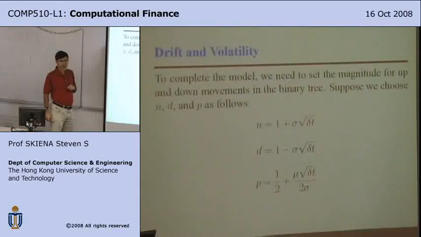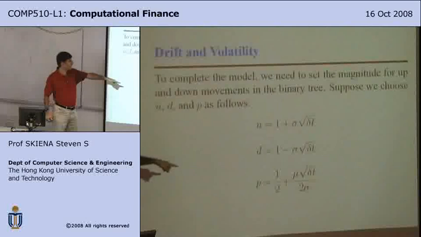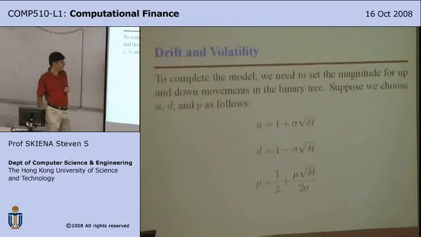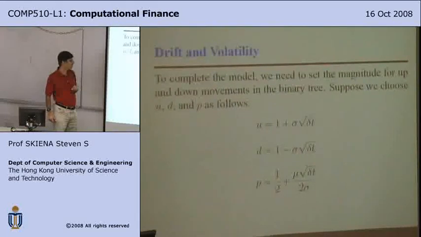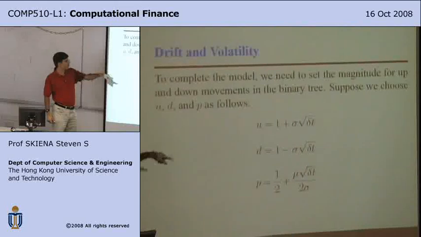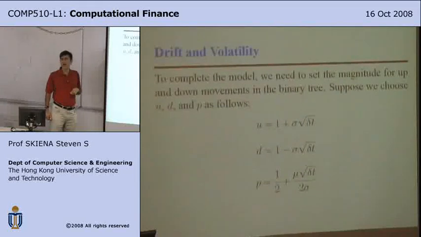And the probability of going up or down, they have as being 1/2 plus some function of the expected drift, mu, and the volatility. If there is no drift, mu is 0, the probability of going up is the same as the probability of going down. Any questions here?